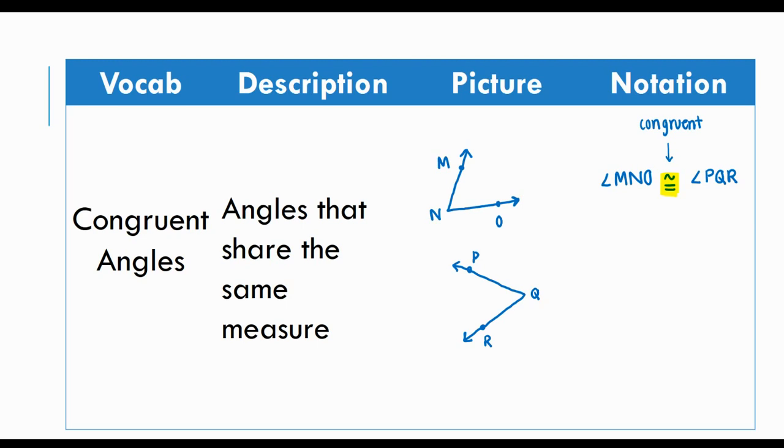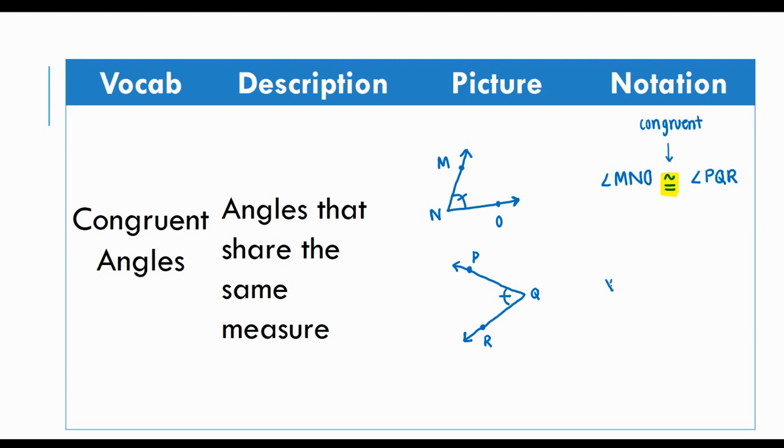Another way for me to look at it, if I didn't have that notation, if I look at my picture and I see something like this, if there's this specific mark inside at the vertex of N, and I have that exact same marking inside the vertex of Q, same marks represent congruence.